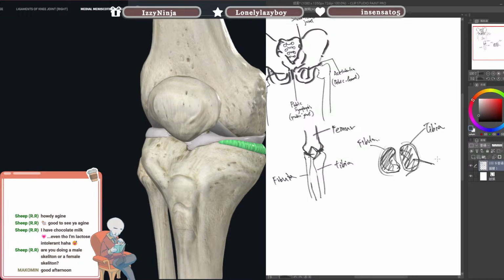The ligament on top of the tibia looks like a C shape. And the other ligament, the menisci, is more round shaped.